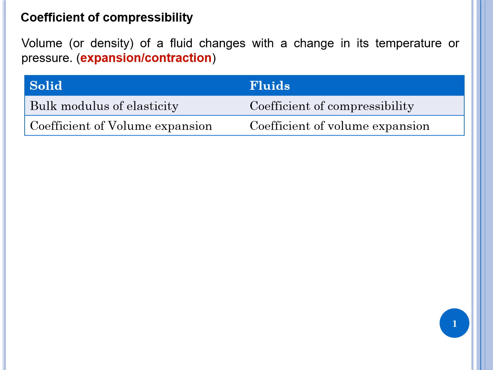Now for that, you have already learned about Hooke's law, where stress is proportional to strain by a bulk modulus of elasticity, which is K. Now the fluids, when you exert pressure on them, are going to contract. When you reduce pressure, they are going to expand.